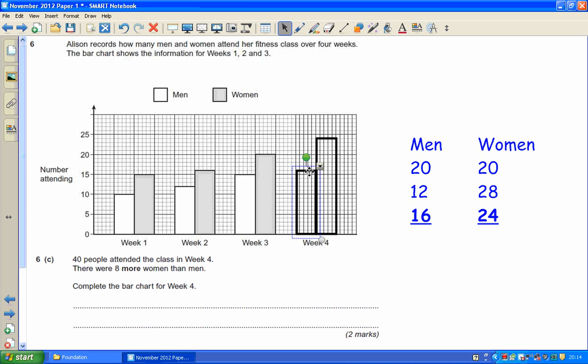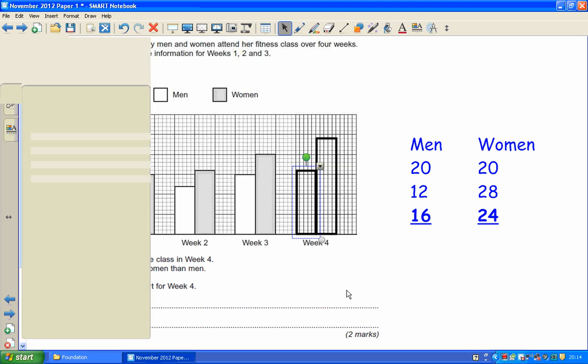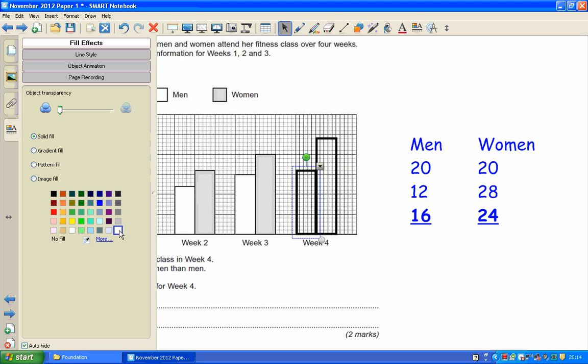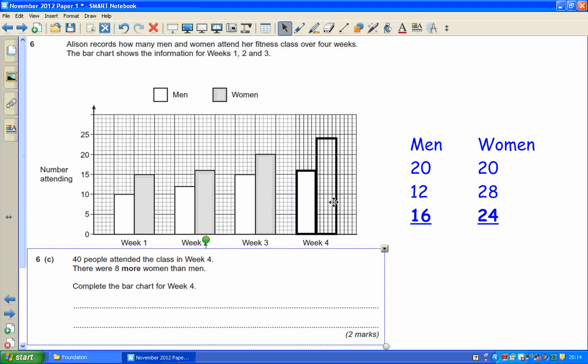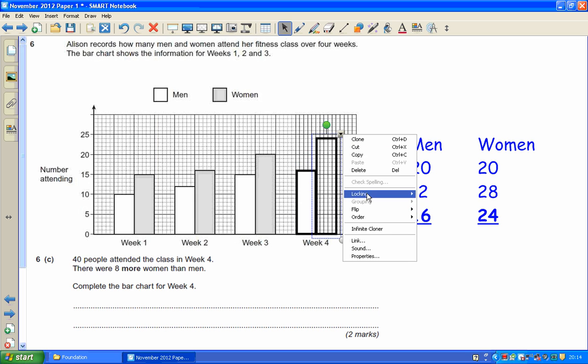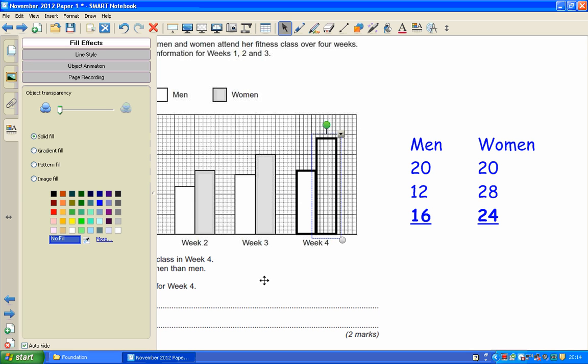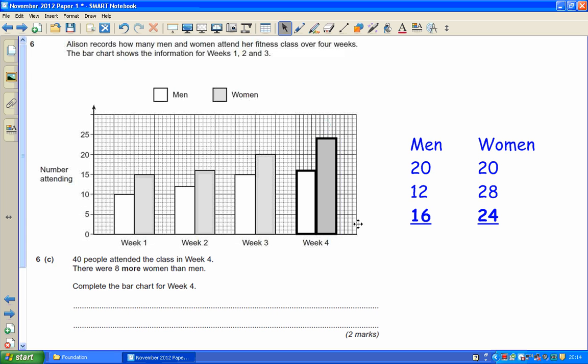There we go. Right, get a little key going on. That's white, so I've got the same, and that there is grey, so I've got the same colours going on. If not, you could write men and women on there, or you could shade this one in and leave this one unshaded. That would be fine. So that's 6C.